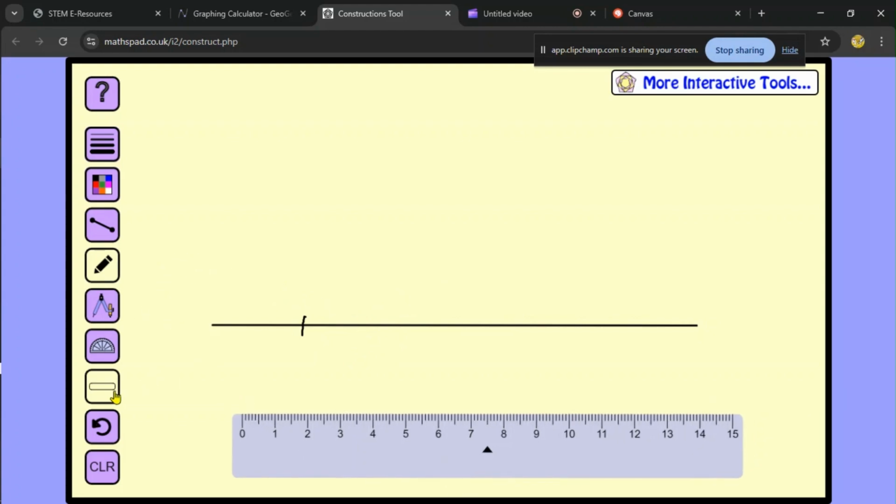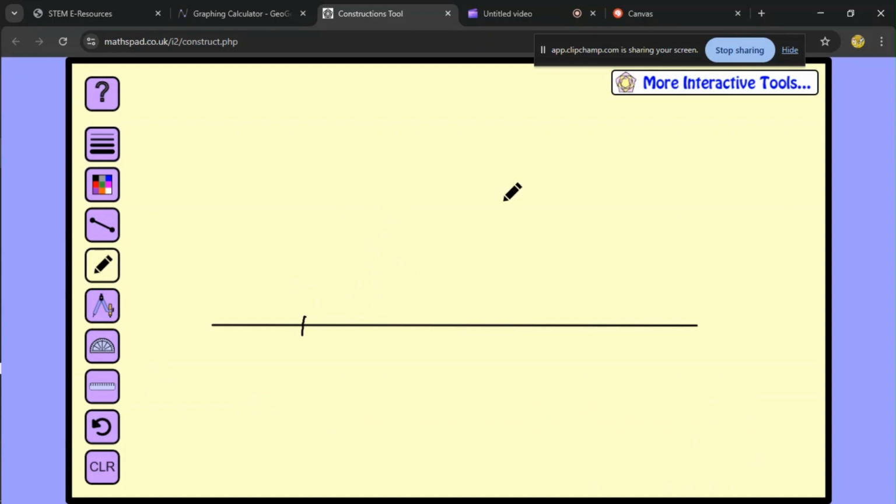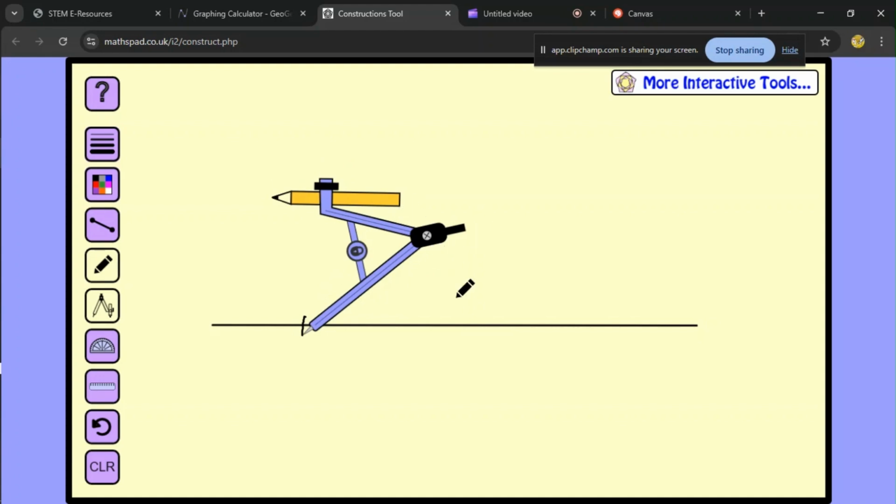After removing the ruler there, I want to construct an angle of 60. So I'll come and pick my compass and the sharp end, of course. Let it come there, the sharp point. All right, I want it to fall here on this mark.